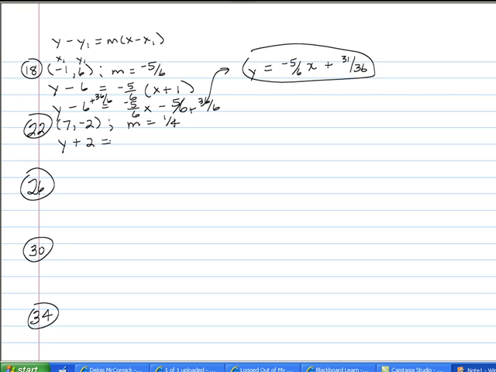Substituting into the point slope form, y plus 2 equals 1/4 x minus 7/4, and we want to add 8/4, which is equivalent to 2. Go up here. Y equals 1/4 x plus 1/4.